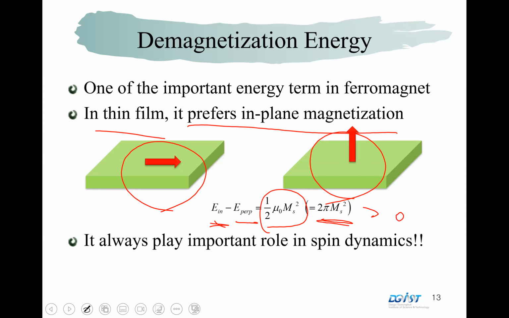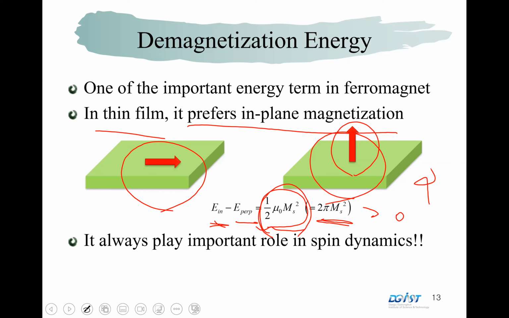This is always positive. So please remember that all spins prefer the in-plane direction. To make the perpendicular one, we need to give the system energy larger than this one.